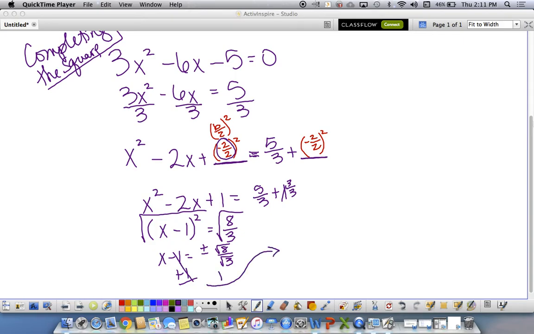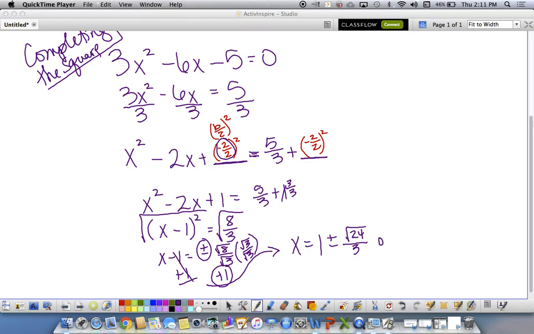So we're going to add 1. Now we have x equals 1 plus or minus, because when we take square roots, that's what it is, and I'm going to rationalize all at once. When we multiply by the square root of 3 over the square root of 3, we have the square root of 24 over 3, which we could break down even more.